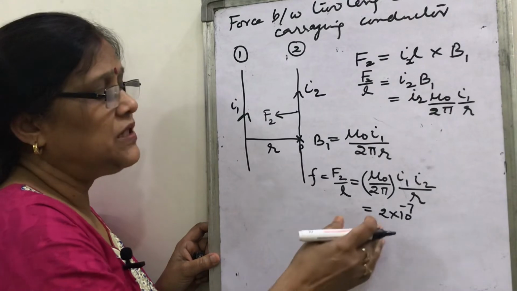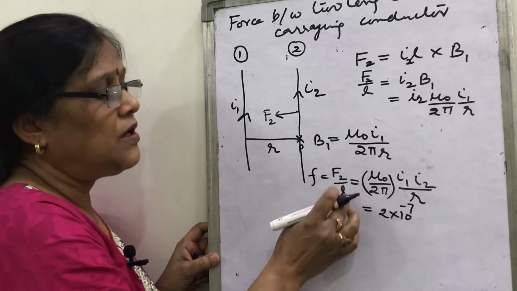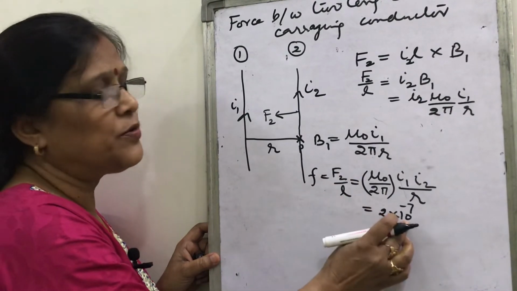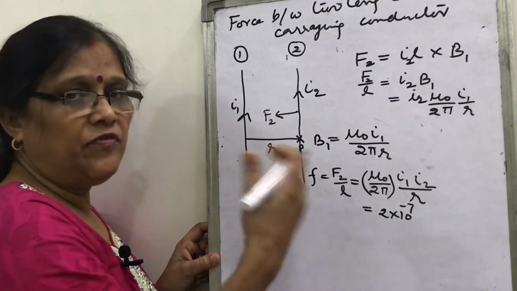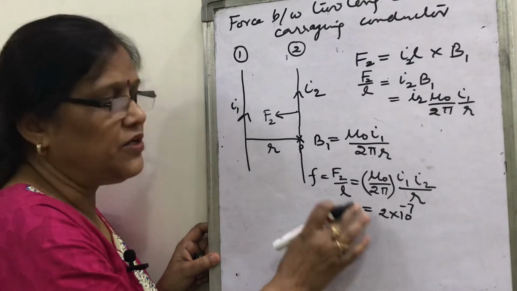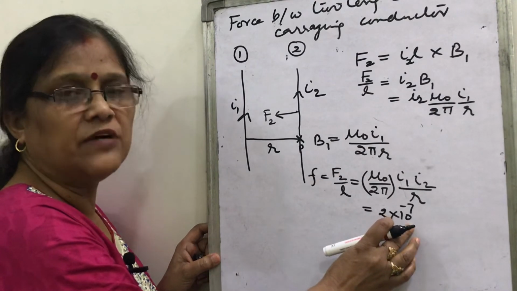In some books it has been written that the force is 2 into 10 to the power minus 7 Newton per meter. If you are saying on their unit length, then you can say only 2 into 10 to the power minus 7 Newton.